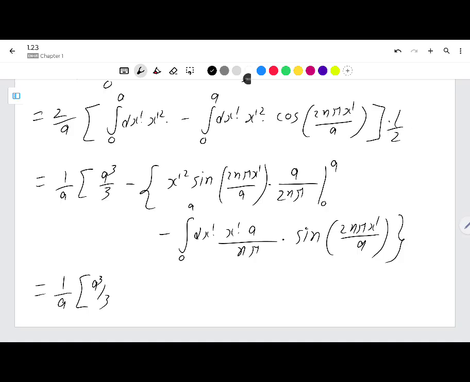Okay, so when we apply the limit a, it will be sine 2n pi, so this is 0 for both the cases.